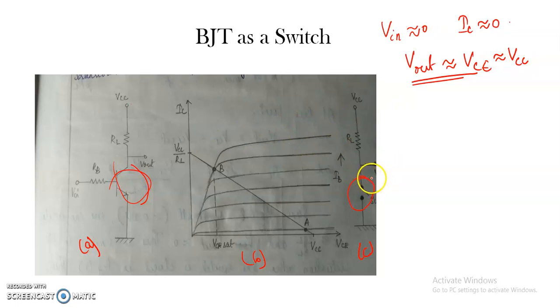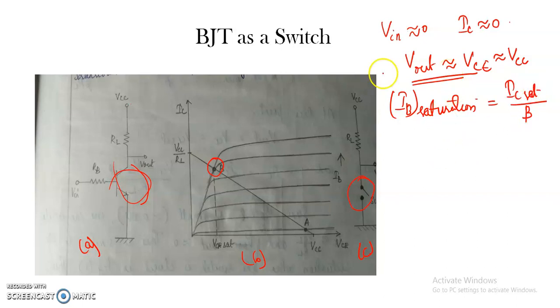On the other hand, when Vin is increased so that IB is sufficiently high, the operating point moves to point B. When IB increases, IC also increases, and the operating point shifts to point B. Since IC is less than beta IB in the saturation region, the minimum base current required for the transistor to go to saturation is IB saturation, equal to IC saturation divided by beta.